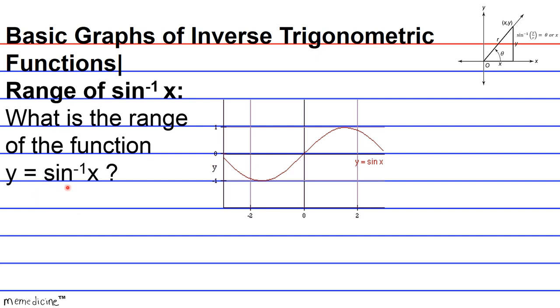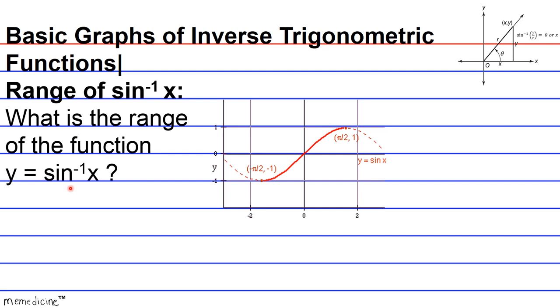Now this can be restricted arbitrarily from here to here, there to wherever, but typically in the world of trigonometry, we restrict the domain between negative pi over 2 and pi over 2. And this is the region that's going to be used to generate the one-to-one region for the inverse sine of x.